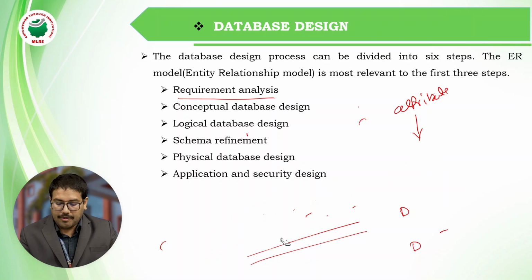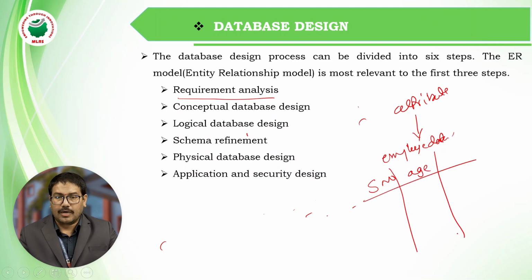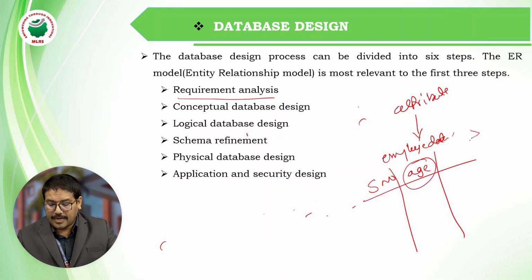For example, if I'm preparing an employee database, in the employee database there is a column called age. Just remember, in India, as per the Indian Penal Code, child labor is not allowed. So the constraint I'm giving to the age is that it should be greater than 18 years.